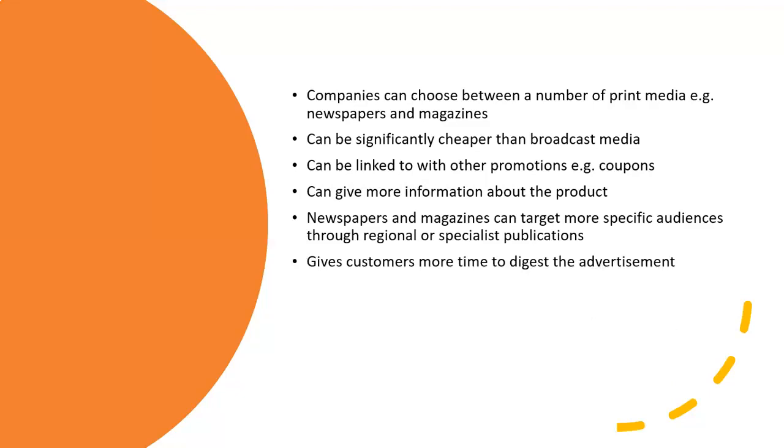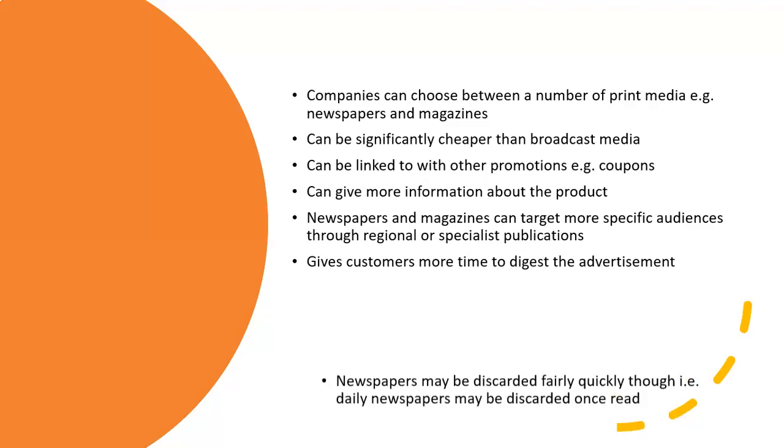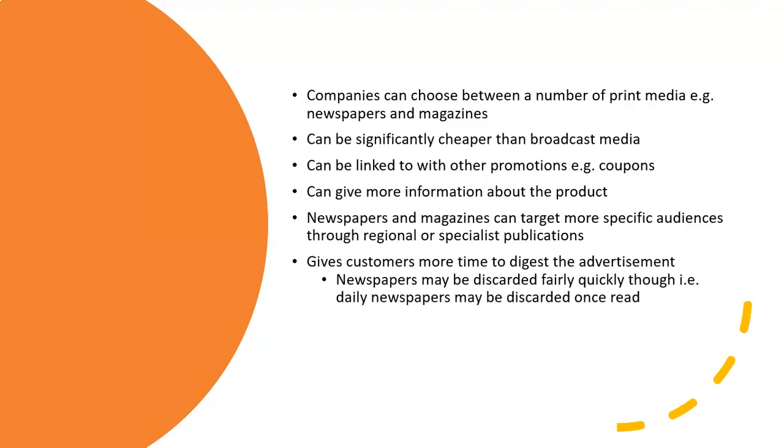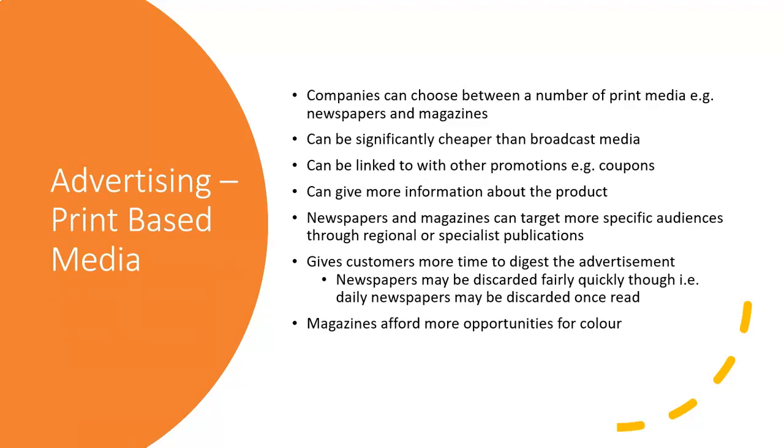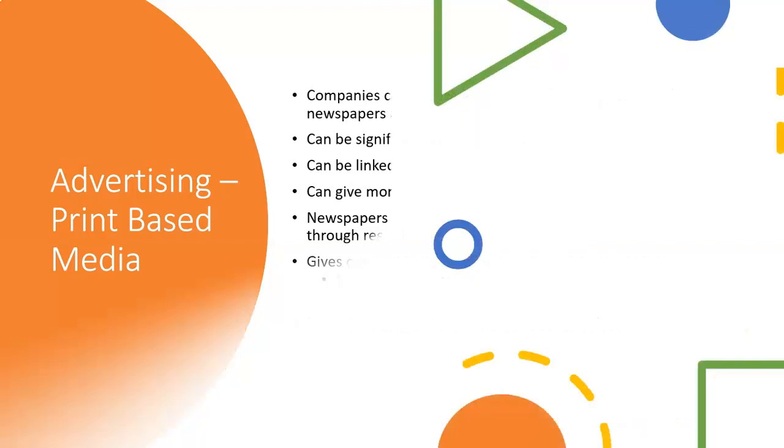It gives customers more time to digest the advertisements. Newspapers may be discarded fairly quickly, as daily newspapers are often discarded once read. Magazines afford more opportunities for colour. This is print-based advertising media. Proceed to the next slide.